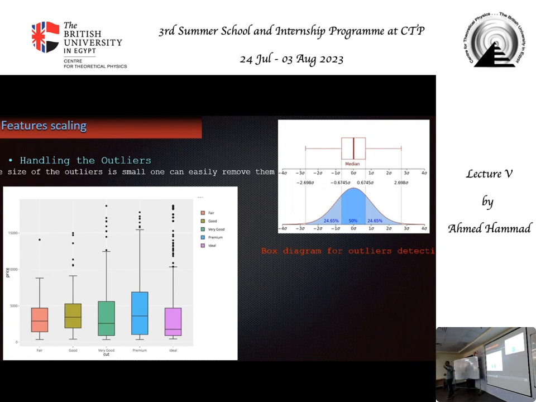The second solution is that if the outliers in your data are a small number, then we can cut them and throw them away. The third one is that if they are large enough, then we can cut them and add them as a new feature. So here, how many features?